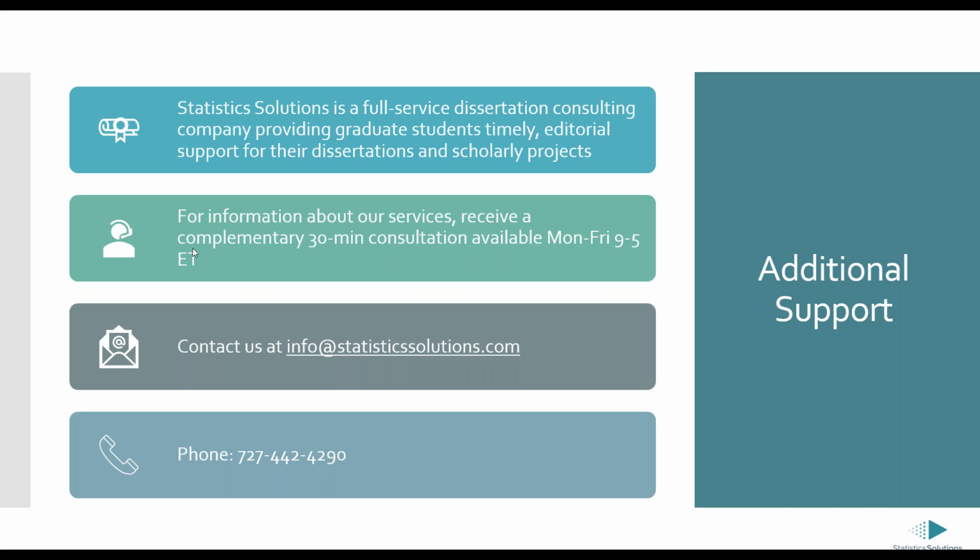So if it's like A, B, C, D, F, then you would potentially do an ordinal logistic regression. But if it's numeric, you would do a linear. Yep. So if it's numeric, you would do a linear regression.